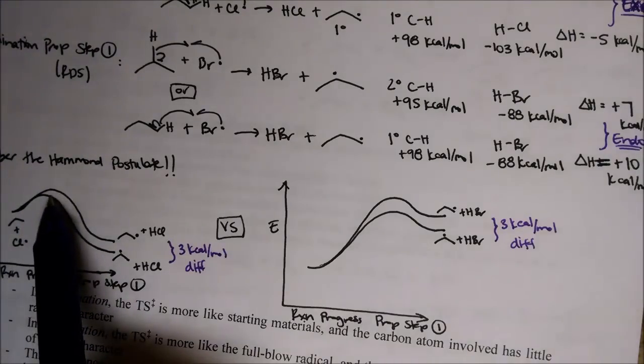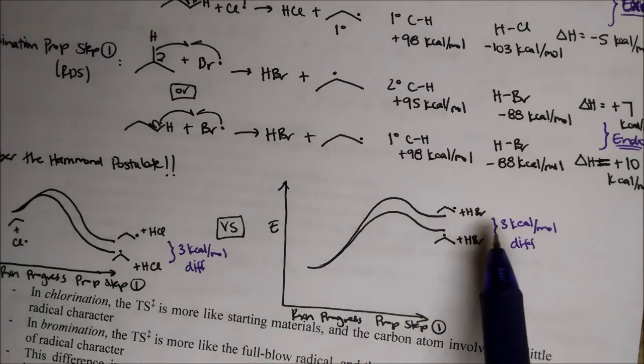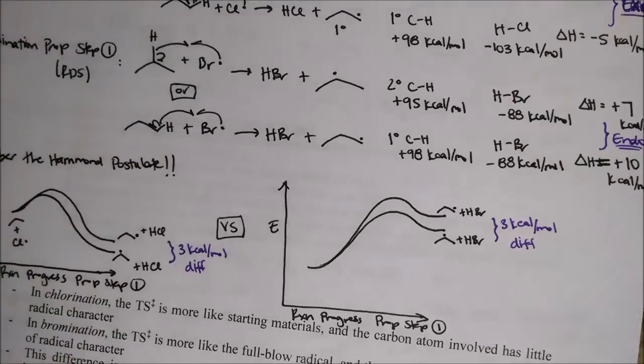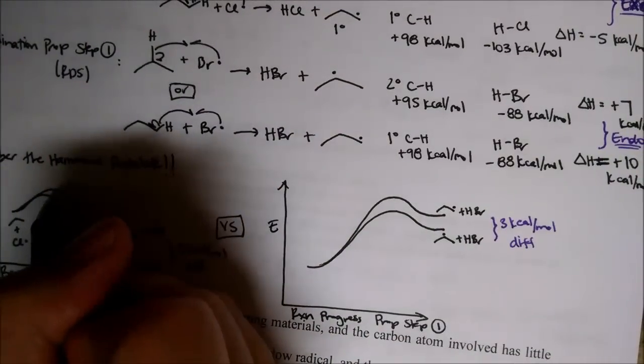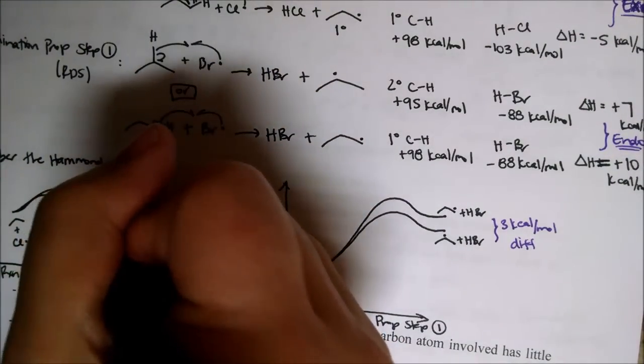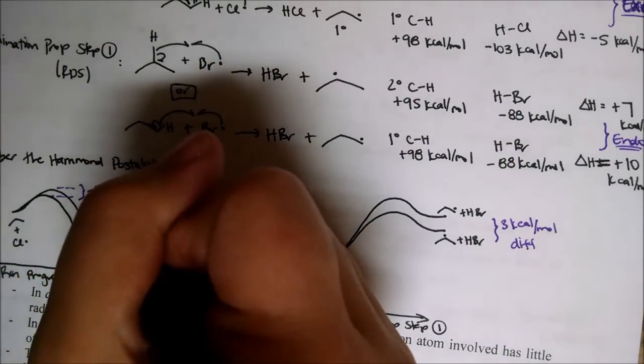The difference in energy between the two routes is going to be smaller here than it is there, because this is closer to products, where we have the actual difference. Whereas here they're closer to starting materials, where there is no difference in energy. If I drew this to scale a little better, here it's only about 1 kcal difference in energy.